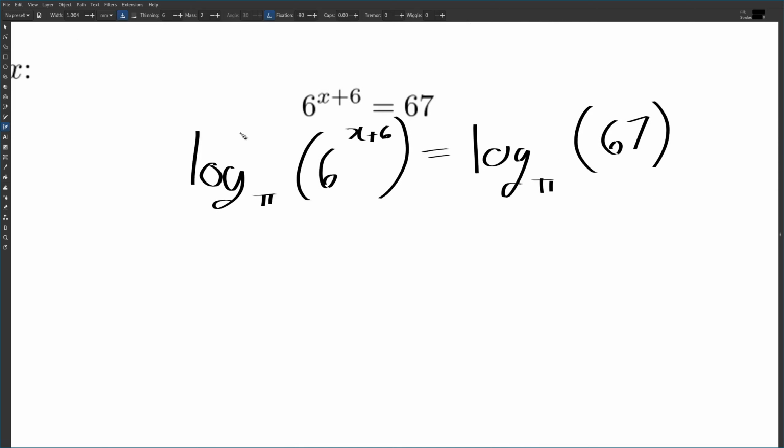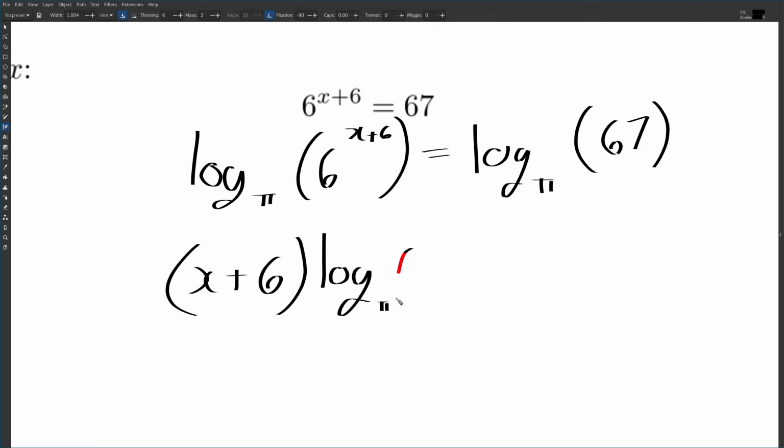And again, we're going to bring this power to the outside. And we're going to have x plus 6 times log base pi of 6 equal to log base pi of 67.